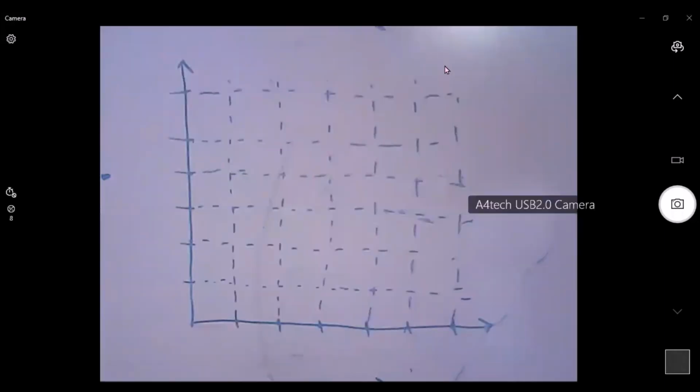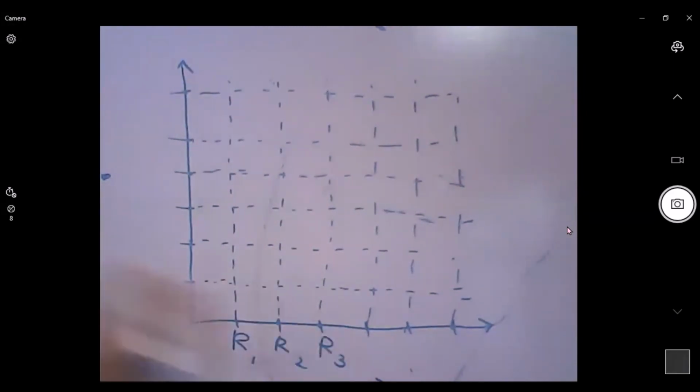Now we can represent it on a grid. What are the colors of the beads? 3 red, we can mark as R1, R2, R3, and 1 blue, then 2 yellow, Y1, Y2.